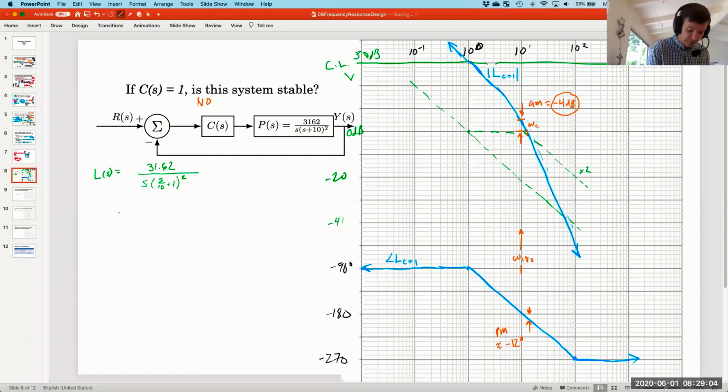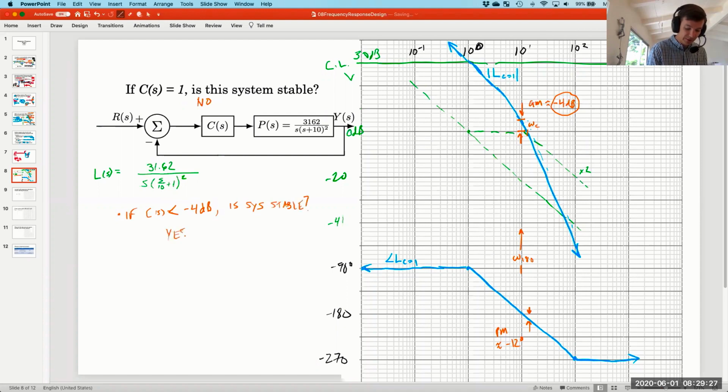So follow-up is if C of S is less than or equal to -4 dBs, is the system stable?